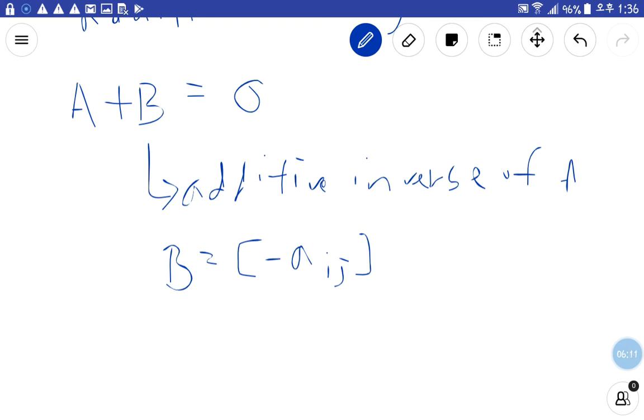It's the same as with numbers: 2 plus negative 2 becomes 0, and we call negative 2 the additive inverse of 2, right? So as you guys see, matrices have similar properties. It's literally the same properties as the real number operations.